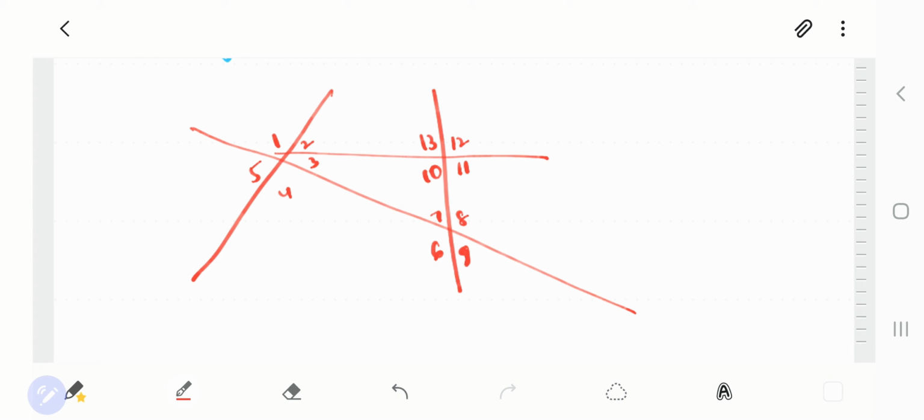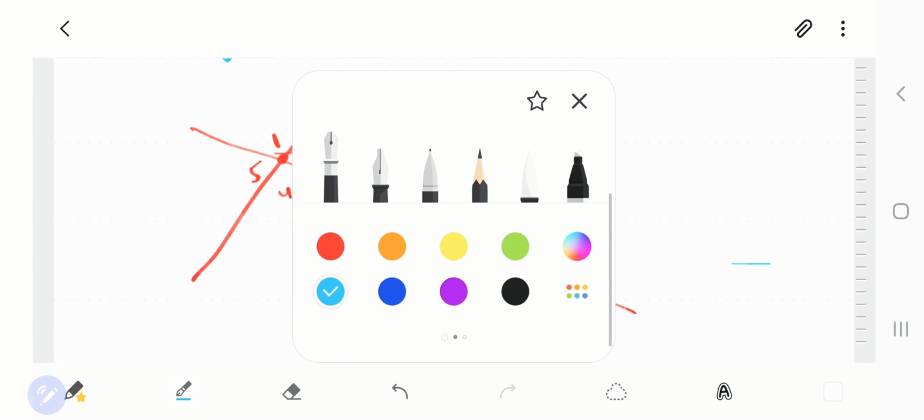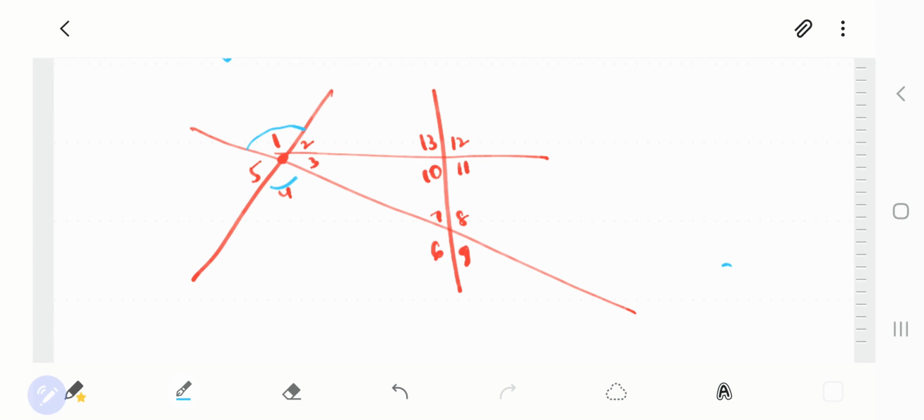Okay. Now let's see what is the relation between 1 and 4. Just check your relation between 1 and 4. So angle 1 and angle 4 are vertically opposite angles. Then you have 4 and 7. Where is 4?